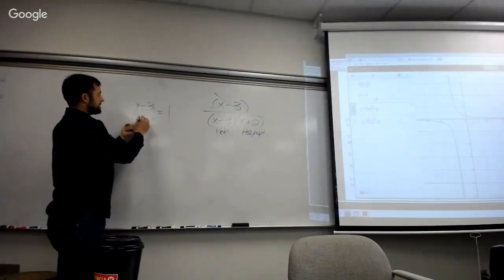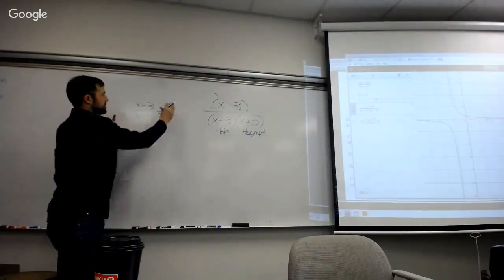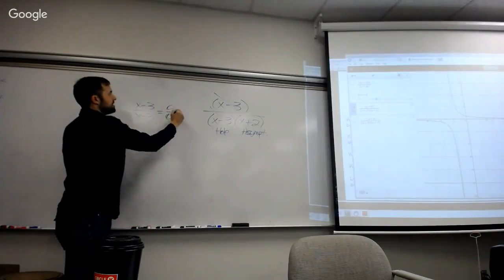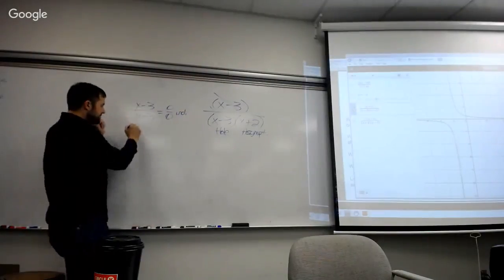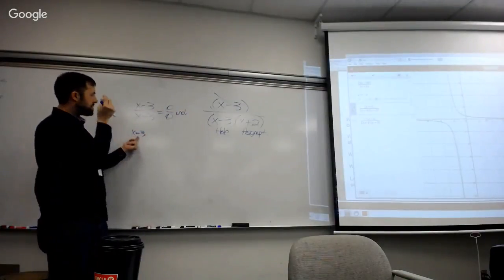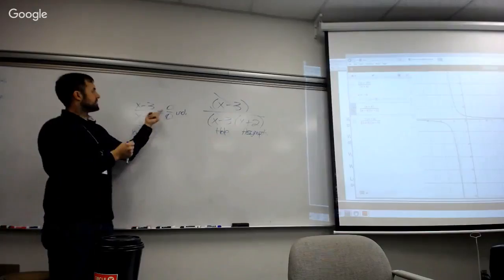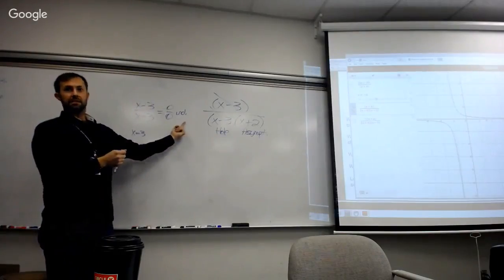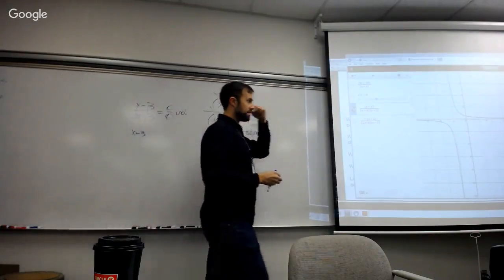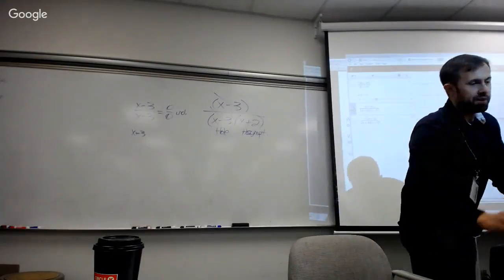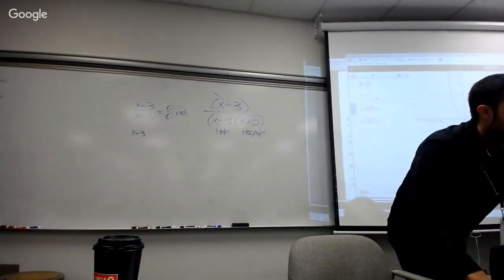Because then you have 3 minus 3 over 3 minus 3, which is 0 over 0, which is undefined. So just when x equals 3, just for that blip of a moment, this whole expression becomes undefined. And if you look at x equals 3 right here, just for that blip of a moment, you have a hole.